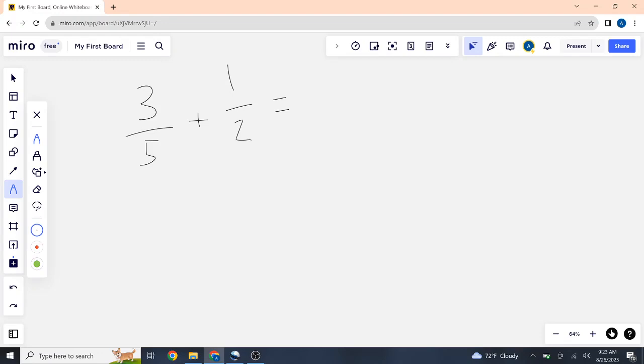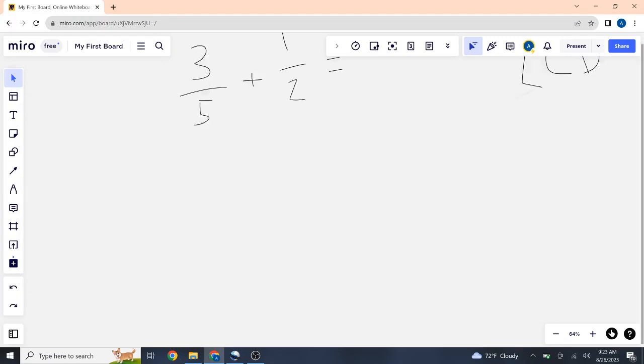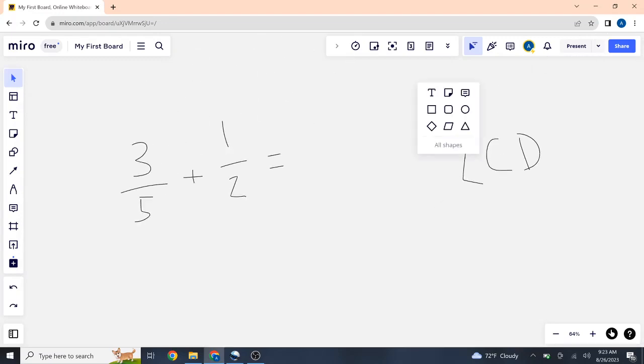We need to transform both of these fractions using the LCD, the least common denominator, meaning given these two denominators, what is the smallest number that both of them can evenly go into? And a lot of times, it should just be as easy as multiplying the two numbers together.